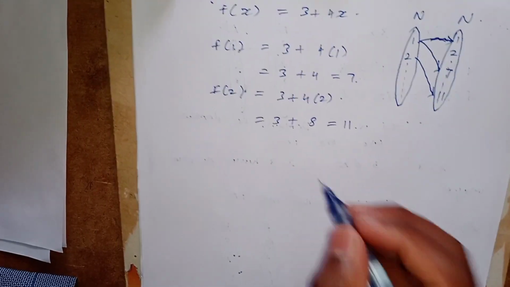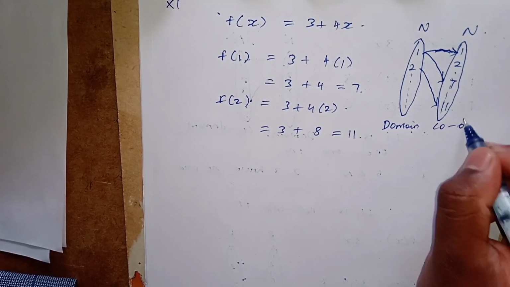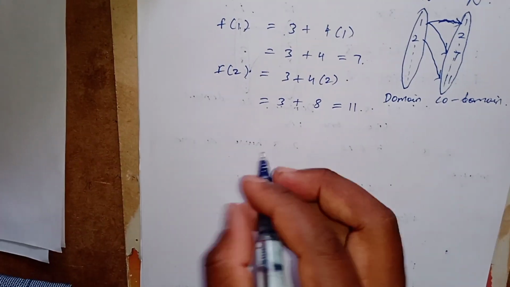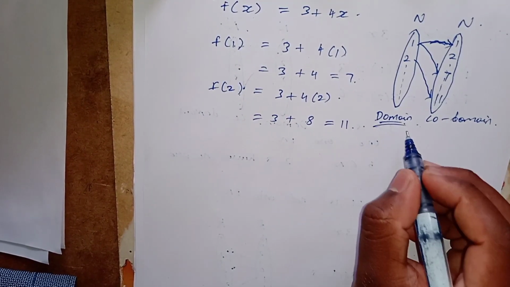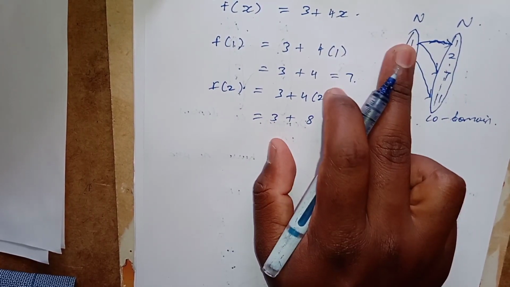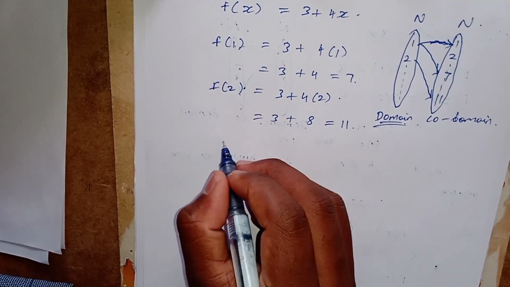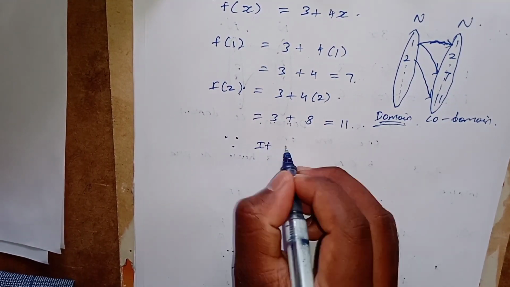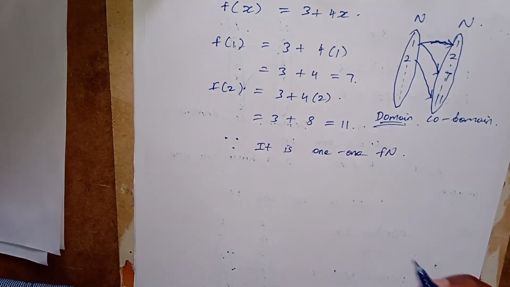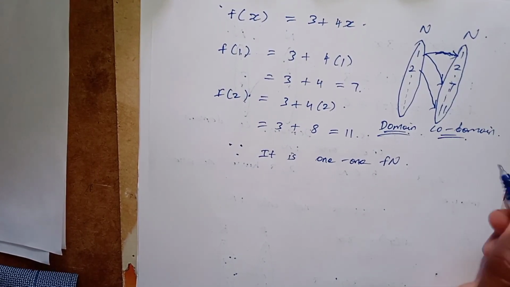Okay, here domain and codomain. For checking whether it is a one-one function, you should see the domain. In the domain every term has its own image. Therefore clearly it is a one-one function. Next, for onto, you should check the codomain terms.